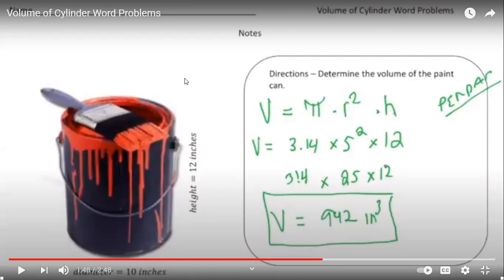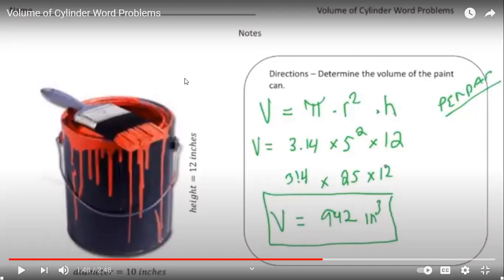We have to know what is the amount of paint which we can put inside this can. For this reason, we will use mathematics, volume of cylinder, to calculate the amount of paint which this can holds. Then we wrote already the formula, which is volume equals pi times r squared times height.